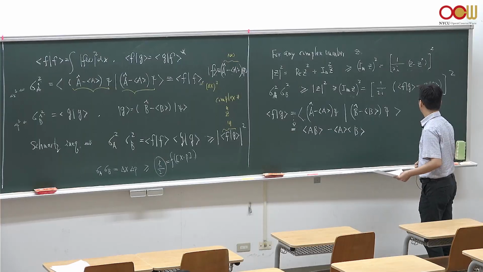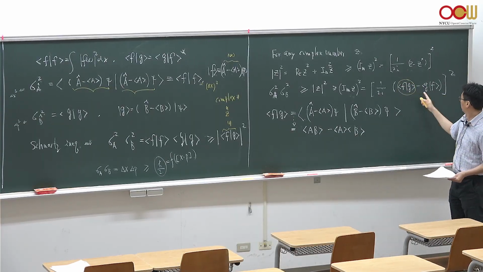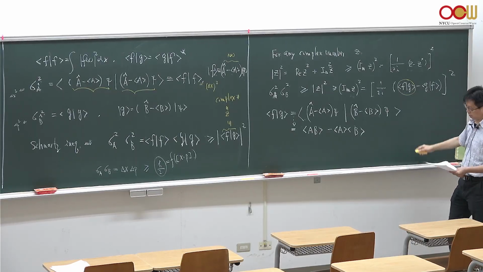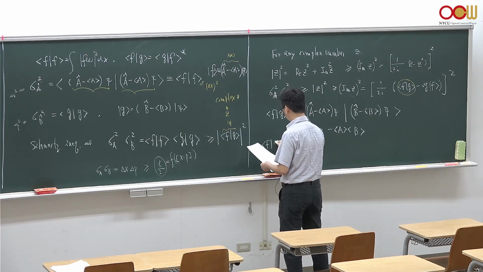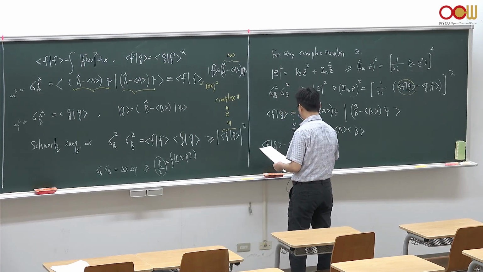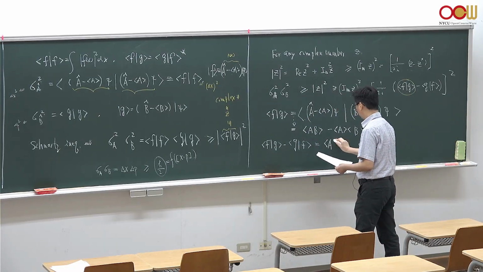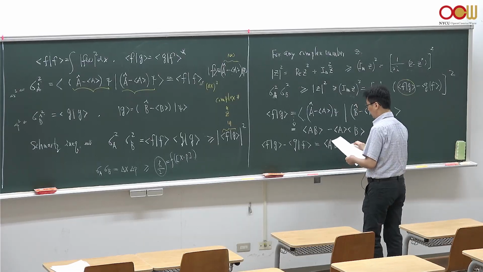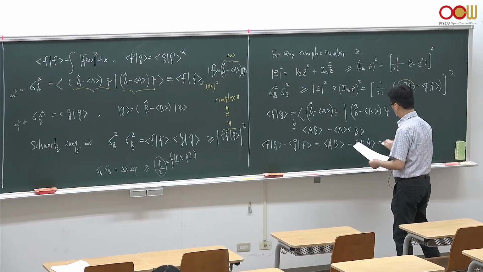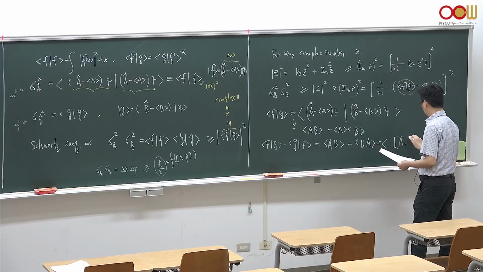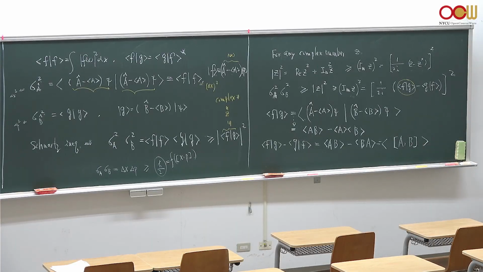But this is just one term, right? So you should subtract this term by the complex conjugate of that term, right? So this F G minus G F is given by the AB expectation value minus BA, which is precisely the commutator between A and B, and you take the expectation value of that commutator.